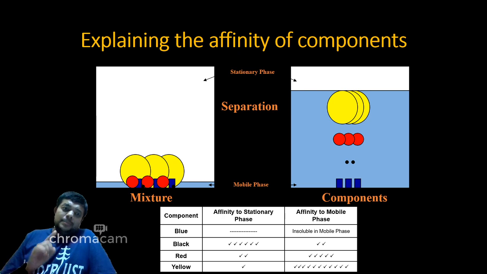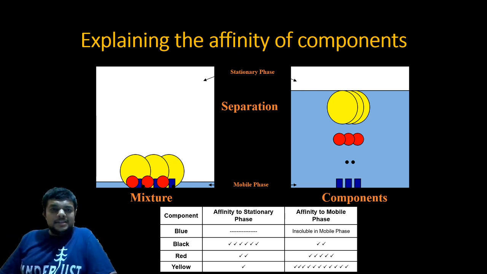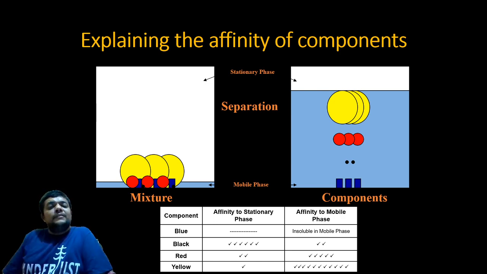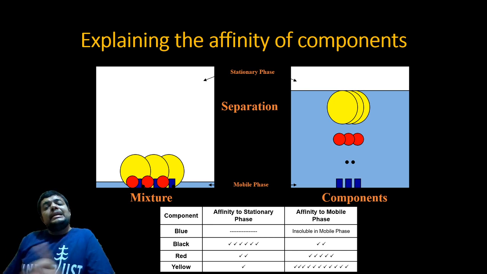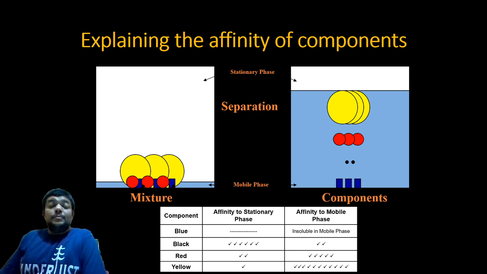The particle that moves the most has the least attraction with the stationary phase, and the particle that moves the least has the most attraction with the stationary phase. Over here, yellow particles are moving the most, so they have the least attraction with the stationary phase, and the blue particles are moving the least, so they have the most attraction with the stationary phase.